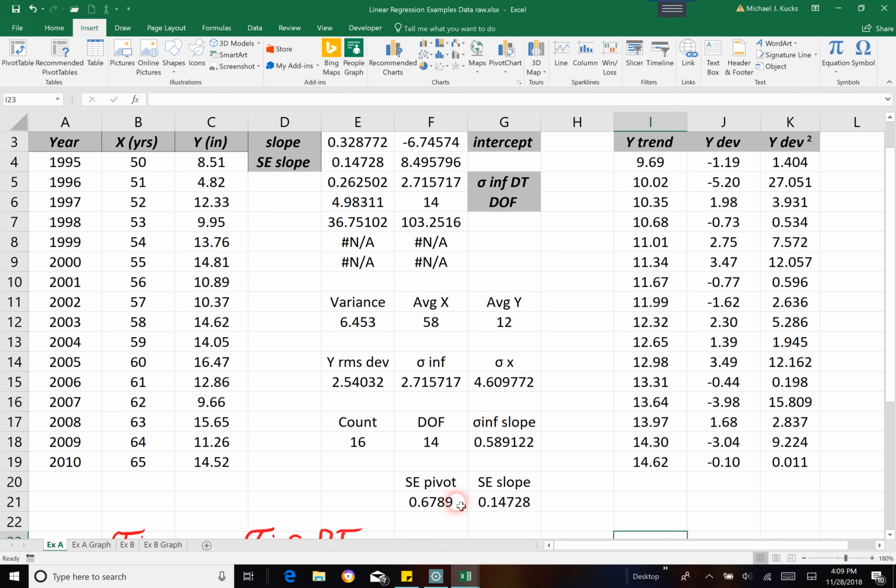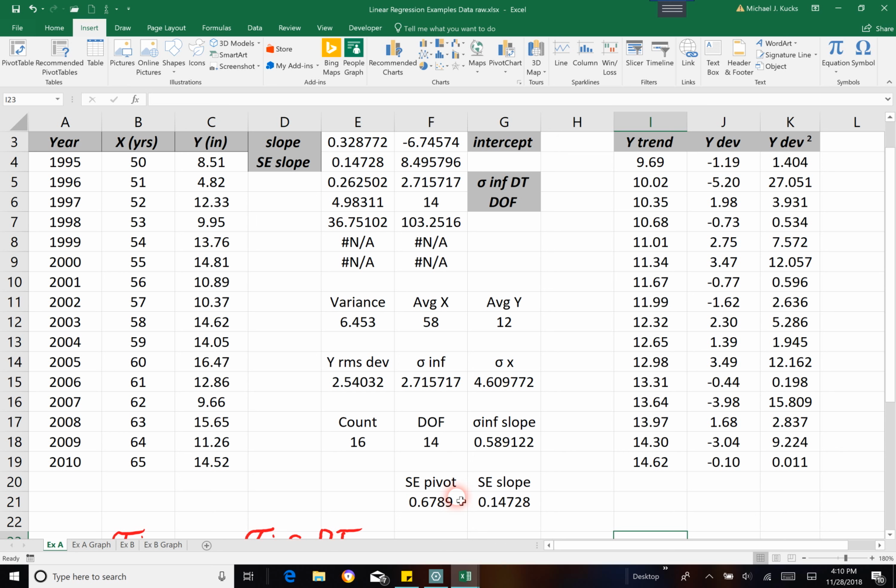And what I want to do now is combine these two errors in a way that is going to allow me to make a drawing on the graph. I want to add some lines to my graph that show me these uncertainties, make a picture of these uncertainties.